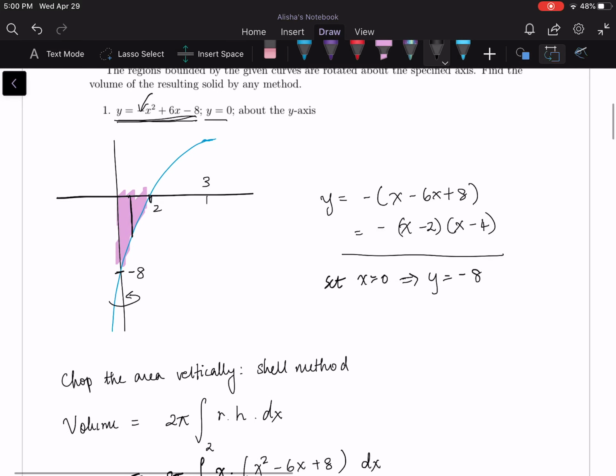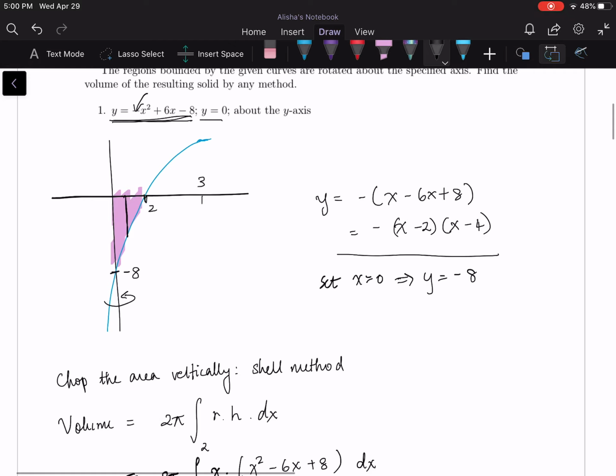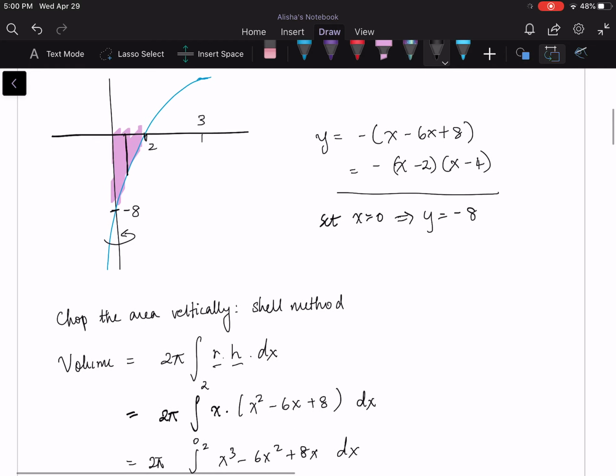In the shell method, we're integrating r times h between the respective bounds and multiplying that by 2 pi. So let's figure out what r and h are in our case.